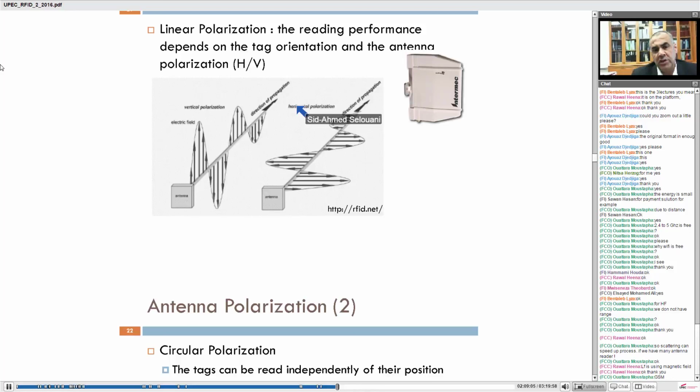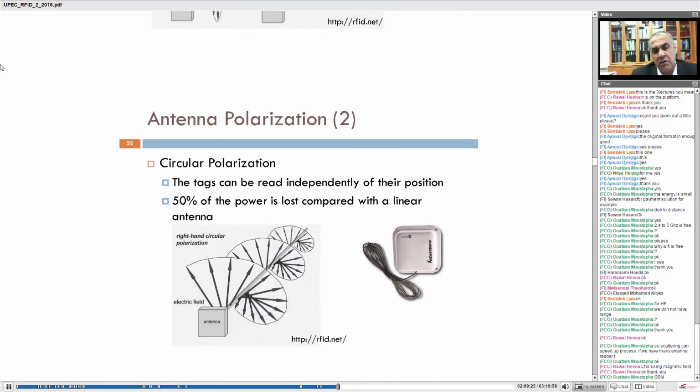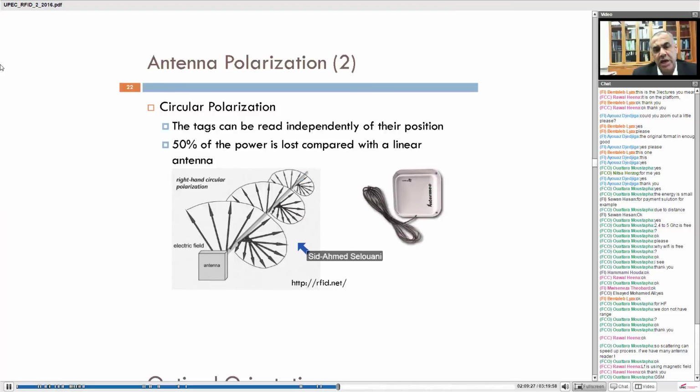Of course, with linear it's very directive, but the position of tags is very important if you want a good reading. If you use that type of polarization, you have to work carefully, because the position of tags is very important.